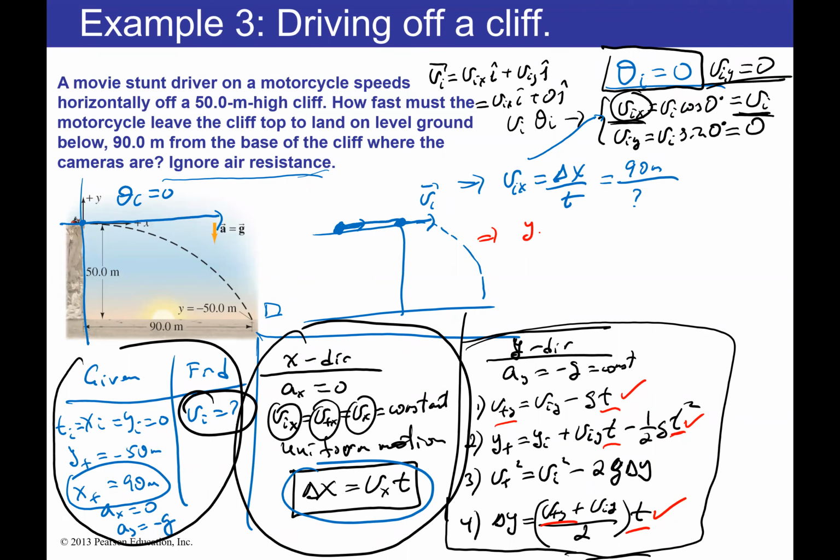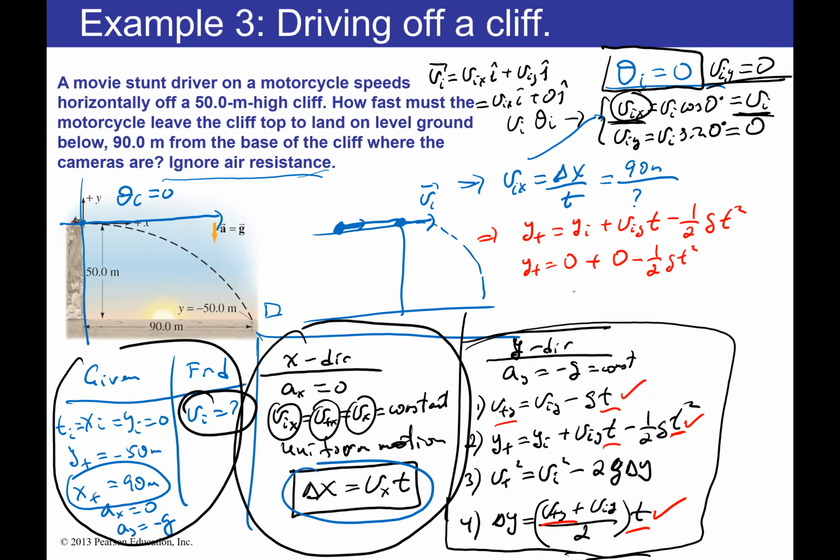And that's the equation I'm going to use. y final equals y initial plus v initial in the y direction times time minus 1/2 g t squared. And the good thing here is that the initial position and initial velocity are 0. Even the initial velocity being 0 makes the entire term 0. And then this is minus 1/2 g t squared. Then I rearrange and solve for time.